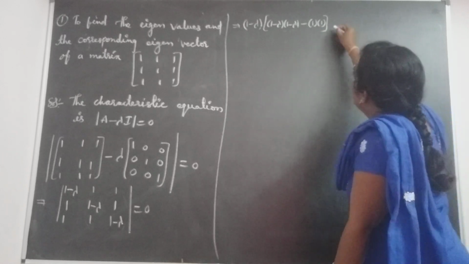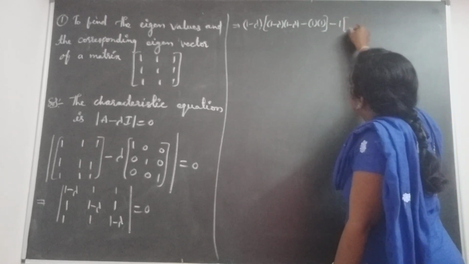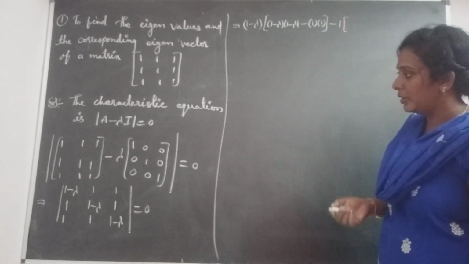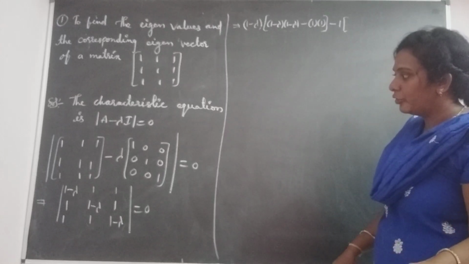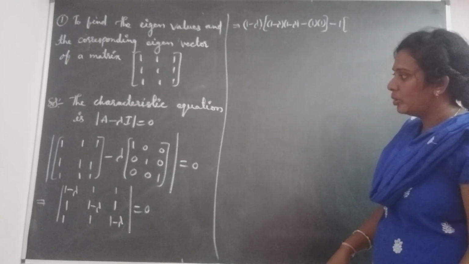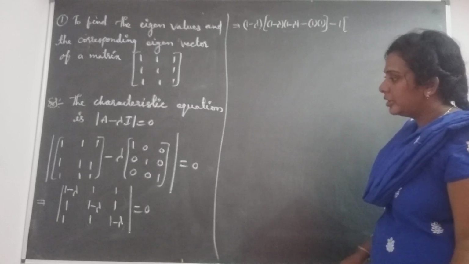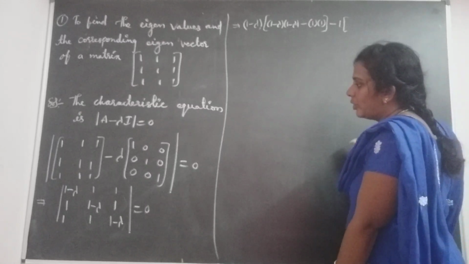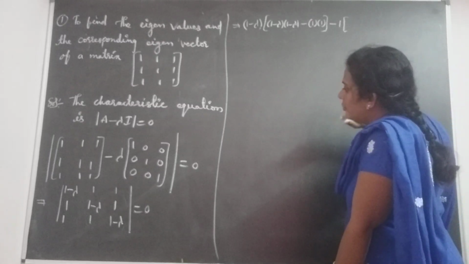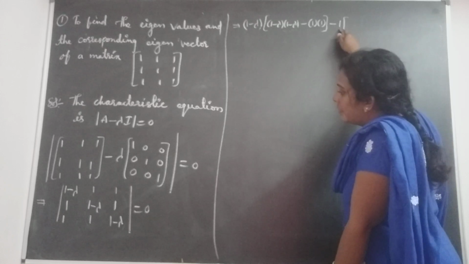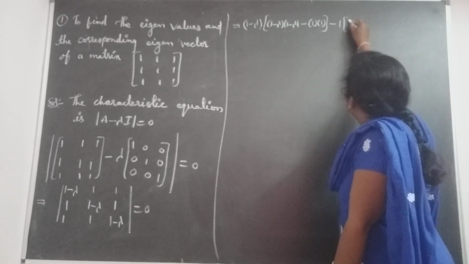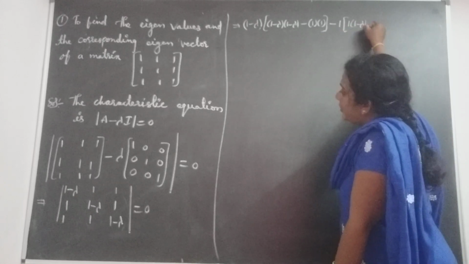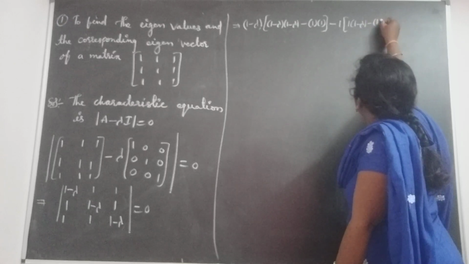The second element is negative, because it is in the first row, second column, and minus 1 to the power 1 plus 2, that is 3, is negative: minus 1 times (1 into (1 minus lambda) minus 1 into 1).